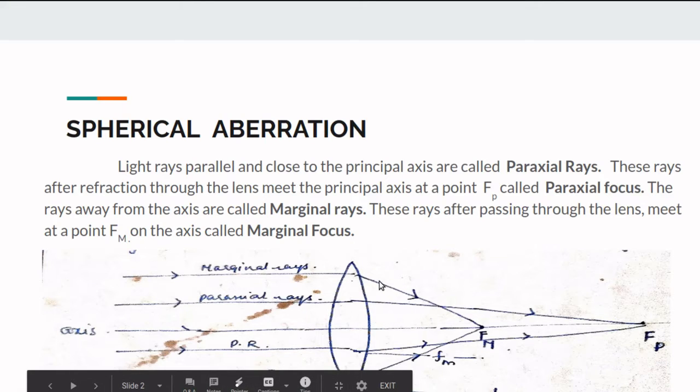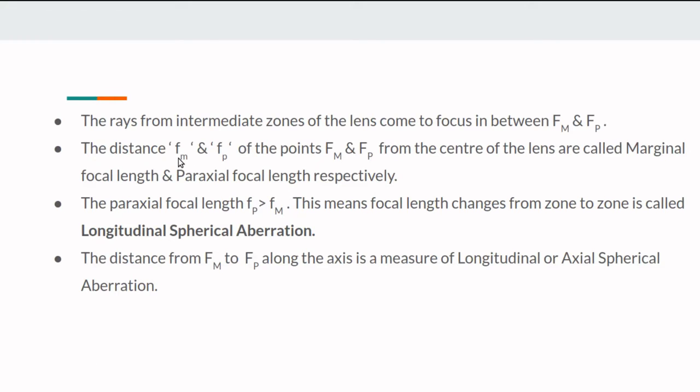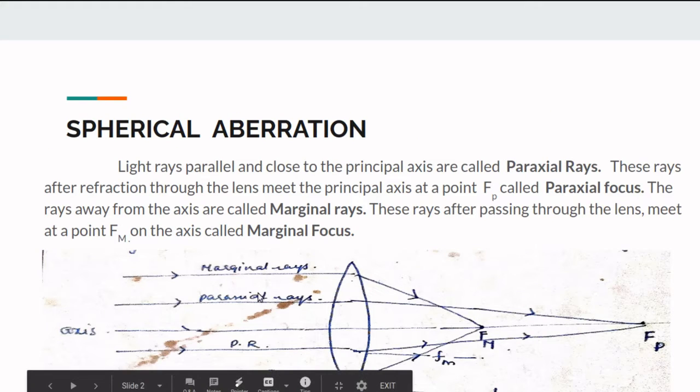The deviation of marginal rays is greater than that of paraxial rays. Therefore, the distances fm and fp are known as marginal focal length and paraxial focal length. The rays in between marginal and paraxial rays, which are not present in the figure, form images in between fm and fp on the axis.